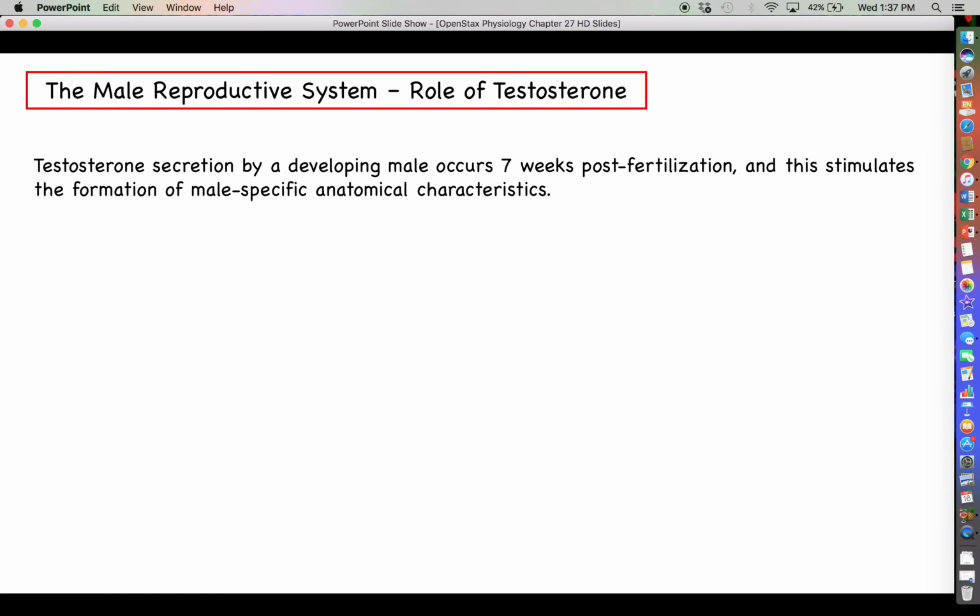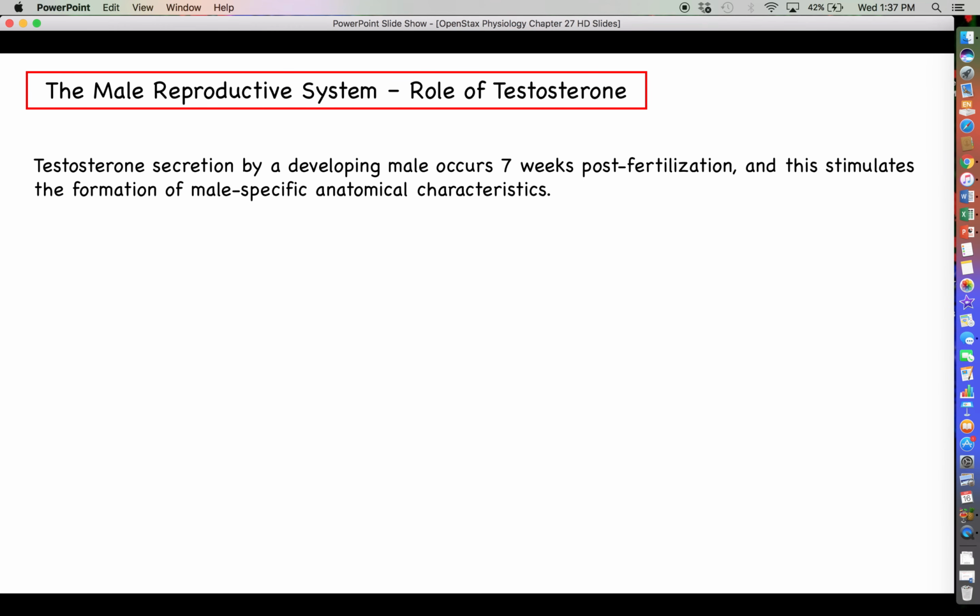So just a couple of quick things to say about testosterone production. It will start occurring in a developing male about 7 weeks post-fertilization, so while the developing baby boy is still in his mother's uterus, and this will actually start stimulating the formation of male-specific anatomical characteristics.